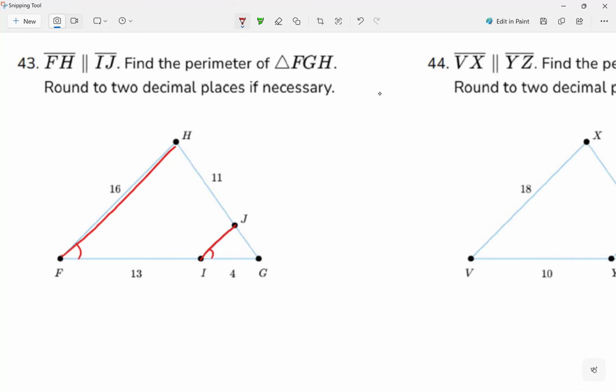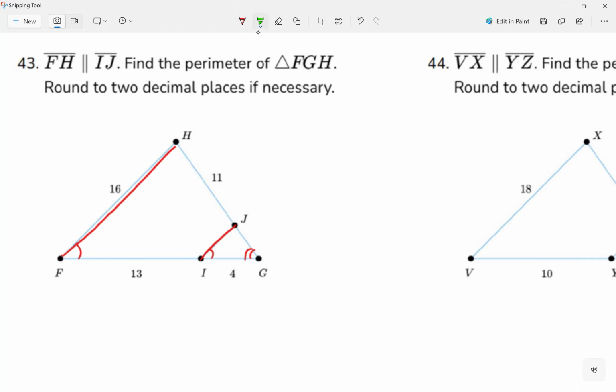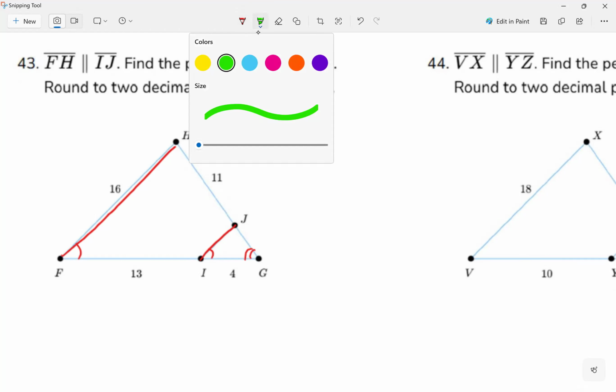Angle G, or JGI, is congruent to angle HGF. So that means, let me see it as triangles. You guys see a little triangle here?